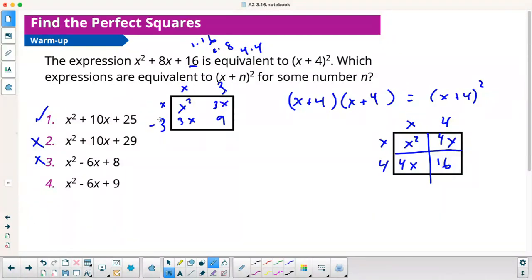I need it to be negative, so if I did -3 times -3, I'd still get 9. And then this would be -3x. So these would add up to the -6x. So this one would work. Okay. So what we're doing is we're creating a perfect square trinomial. It's a trinomial that when you factor it, you get a perfect square. So this would be x minus 3 times x minus 3, which we could write as squared.